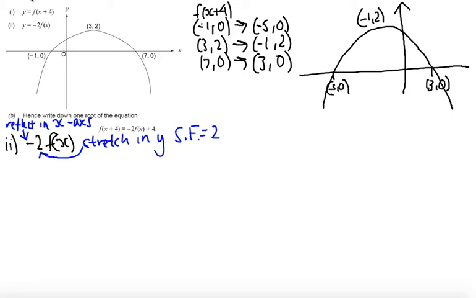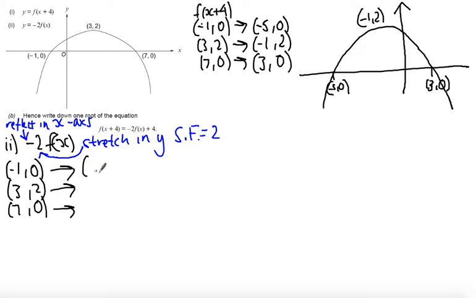So algebraically, considering the points, if I have -1, 0, 3, 2, and 7, 0, when we transform these points, I'm essentially multiplying the y values by -2. So the first point remains the same. The second point, I multiply the y value by -2, so I get 3, -4. And the last point remains the same.